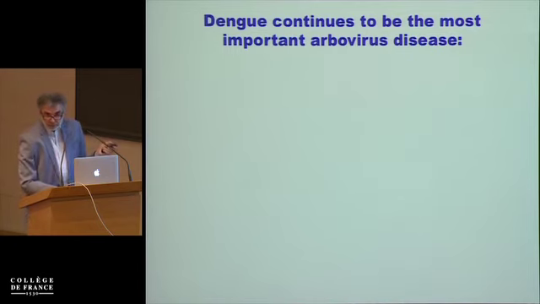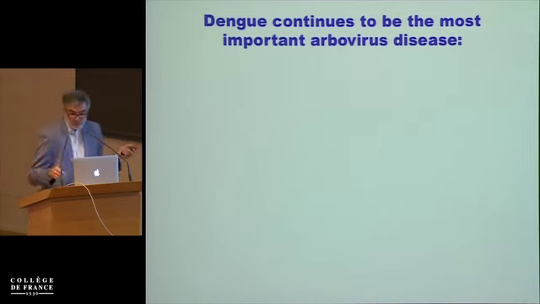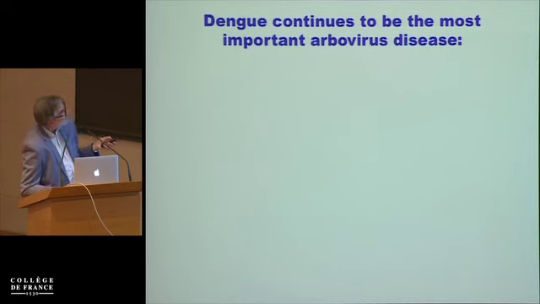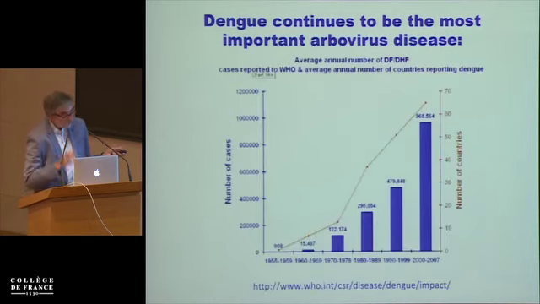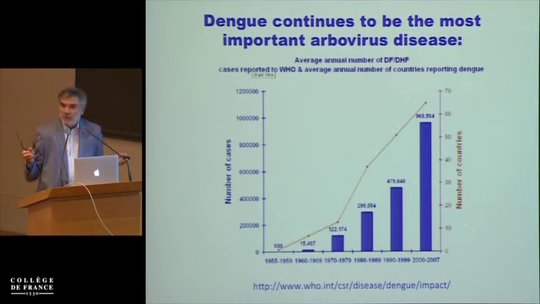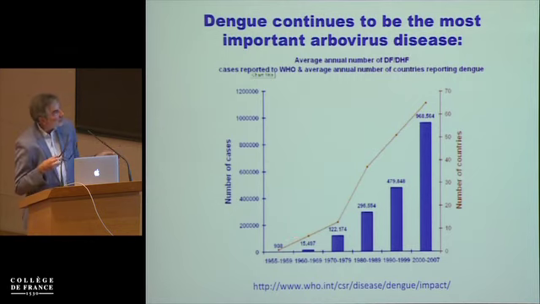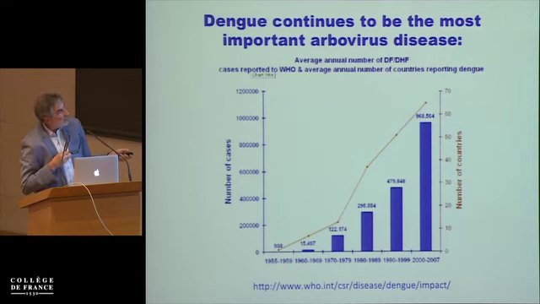But in spite of all of this media concern about Zika virus, dengue continues to be the most important arbovirus disease. Although there are reports from the 18th century about dengue viruses, since after World War II, and in particular from the 60s, the cases have been rising enormously. Here is like 1 million from 2007.